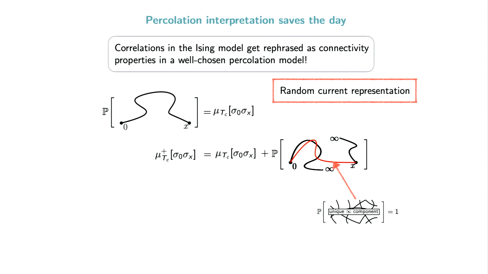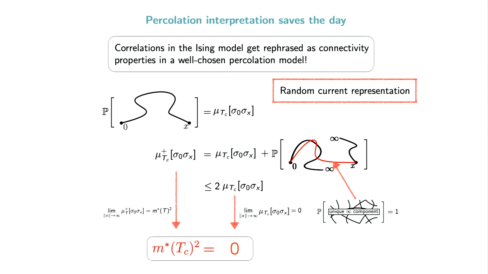They are in the same connected component. But if they are connected together, then the second term is smaller or equal to the free correlations. So the plus boundary condition correlation is smaller than twice the free one. The free one goes to 0, the plus one goes to m*(T_c) squared. So you get that m*(T_c) squared is 0.